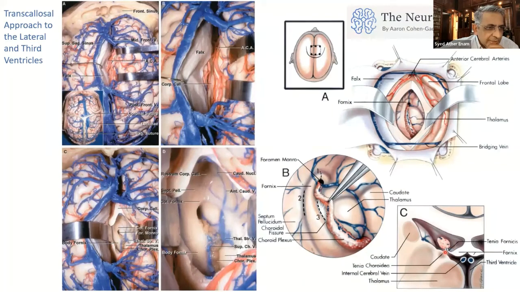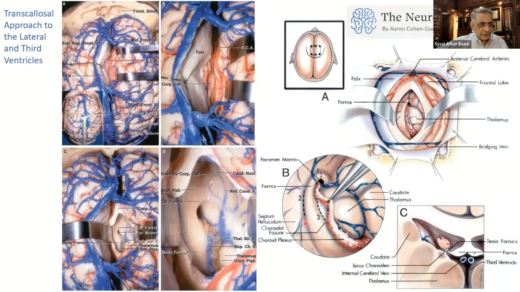Go through that, and that will lead you into the third ventricle. But that obviously goes through a little part of the velum interpositum as well, because the velum interpositum is where the internal cerebral veins are.